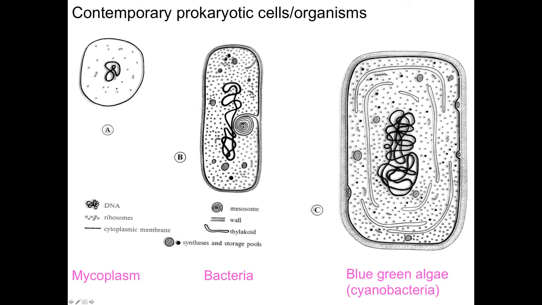These infoldings are called mesosomes, and those function to increase membrane surface area, allowing loci on membranes for different types of biochemical activities. The blue-green algae have more inclusions, most notably thylakoid membranes, which are primitive chloroplasts.